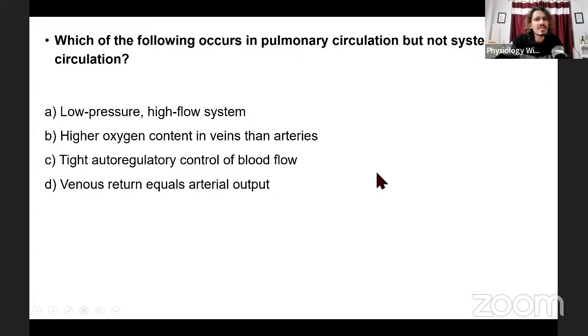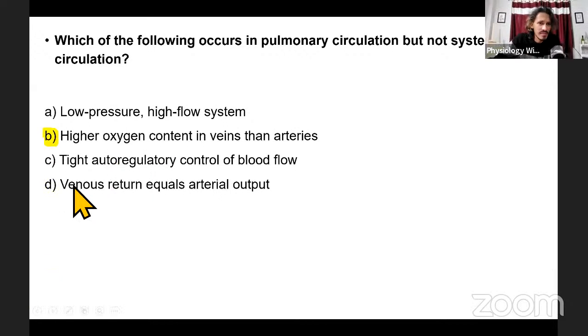So we'll just take a look at a couple of MCQs. Which of the following occurs in pulmonary circulation, but not systemic circulation? Remember that second part. Low pressure, high flow system? Pulmonary circulation is low pressure, but your systemic circulation is not a low pressure system. Second point, higher oxygen content in veins than arteries? This is a very easy question. Autoregulatory control is there both in systemic circulation and pulmonary circulation.